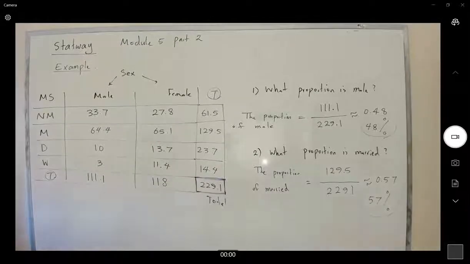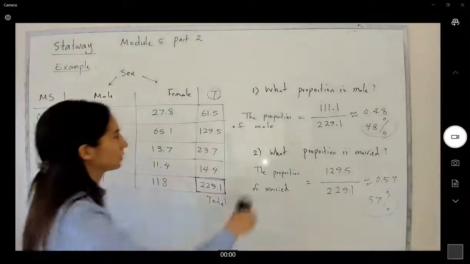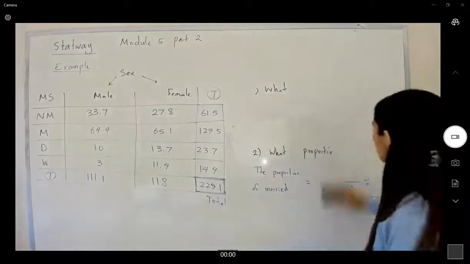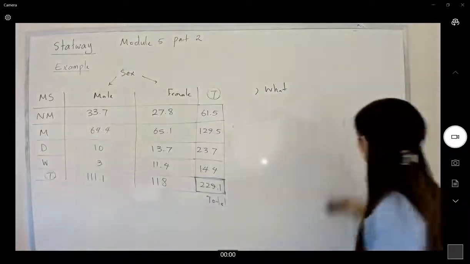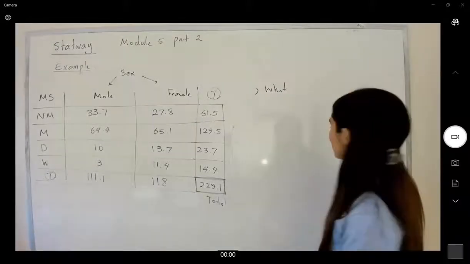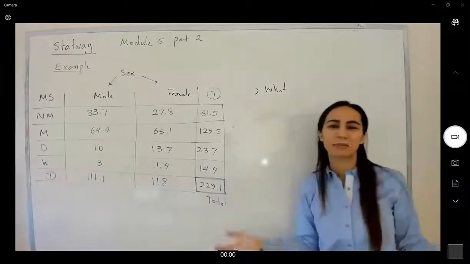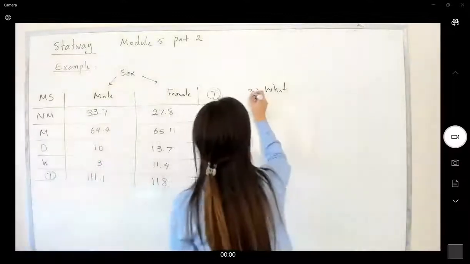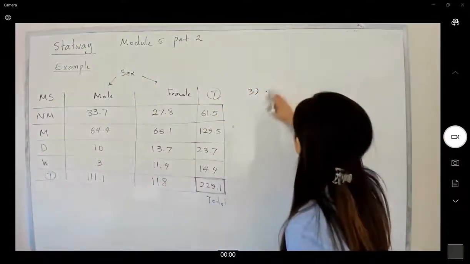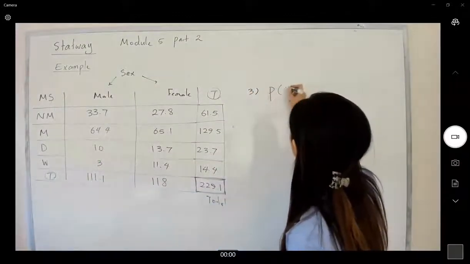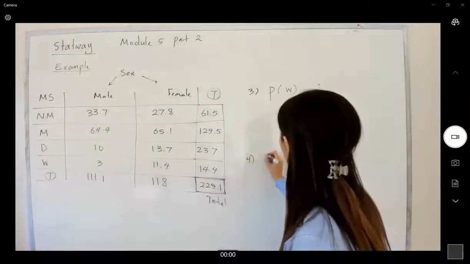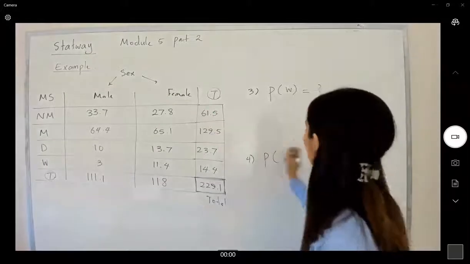The probability that a person is randomly selected and that person is widowed. And question 4, it says, what's the probability that a randomly selected person is female? So P of widowed, and 4, the probability that they are female.